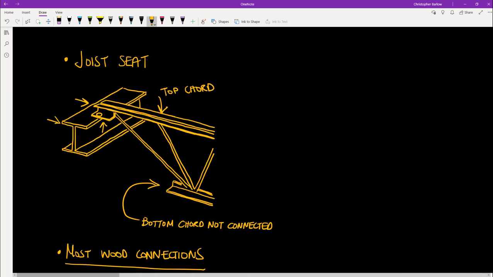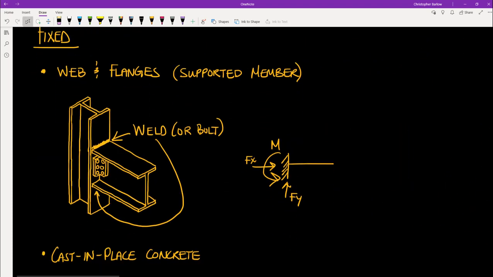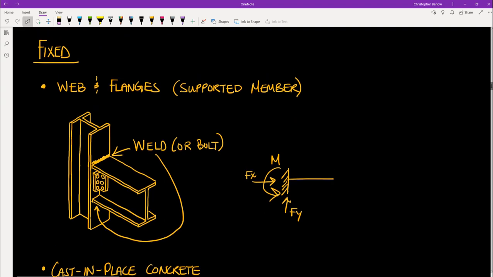Now let's move on to fixed connections. We'll start with a steel connection from a beam to a column, as we saw earlier. But now, note that we are welding the top flange and the bottom flange to our supporting member. Note that this supporting member could be a column or a beam.